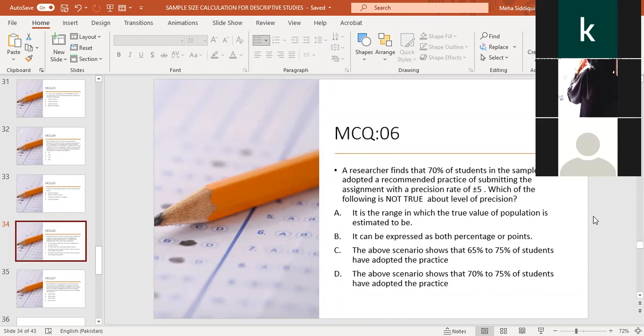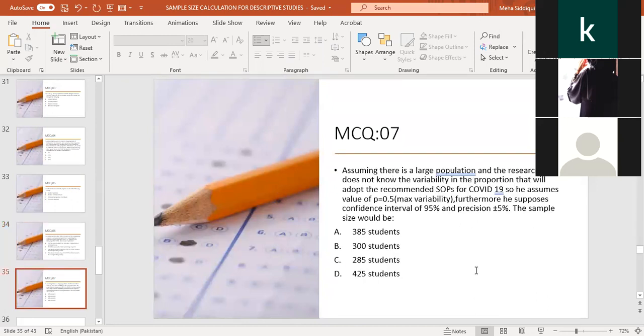The above scenario shows that 65 to 75% of students have adopted the practice. The above scenario shows that 70 to 75% of students have adopted the practice. Yes, right answer is D, because we have the precision rate of plus minus 5. That is the range we will get: 65 to 75% of this 70% students.